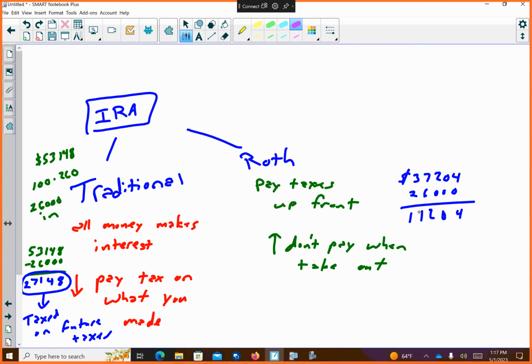Would you rather walk away with $11,204 that you didn't have to pay taxes on, or would you rather walk away with $27,148 that you have to pay taxes on? I mean, it's a roll of the dice.